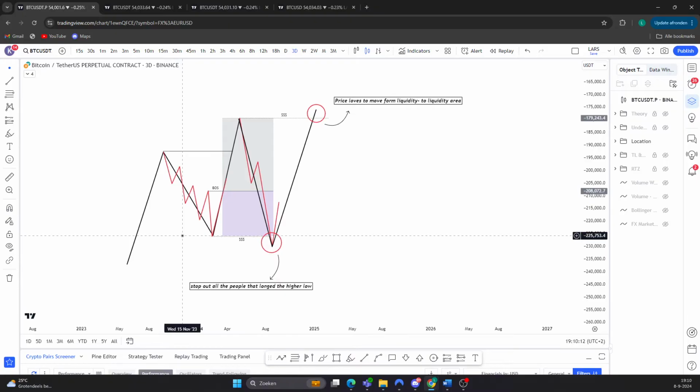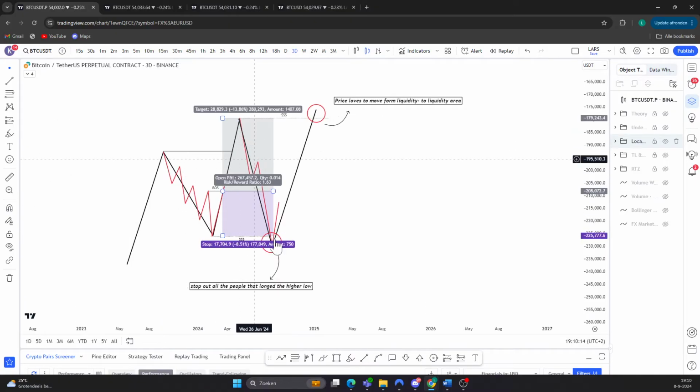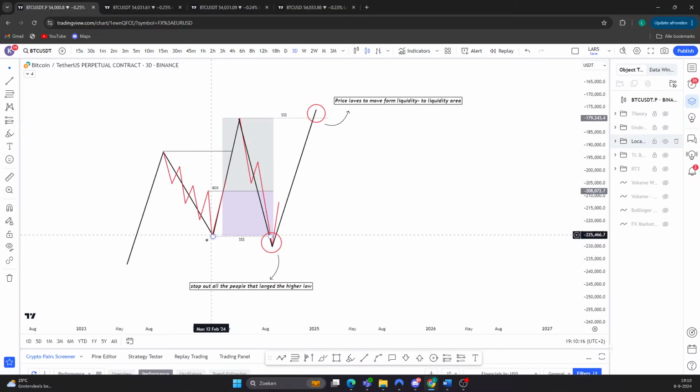But what the market maker could do is he could dump price lower and then wick your market structure low, right? Now, I told you guys, when you have a wick, you can have a rotation back towards your market structure high because a wick is not a market structure break.